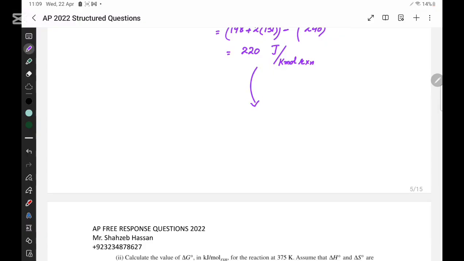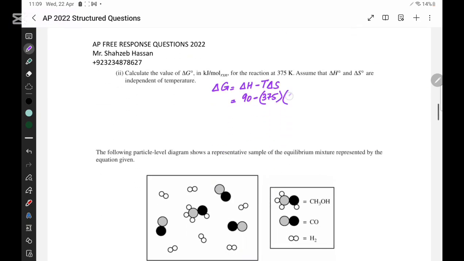For that we are going to divide that by 1000, 0.220 kilojoules per Kelvin per mole. So I'm going to multiply with 0.220. So the answer of delta G comes out to be 7.5 kilojoules per mole of reaction.